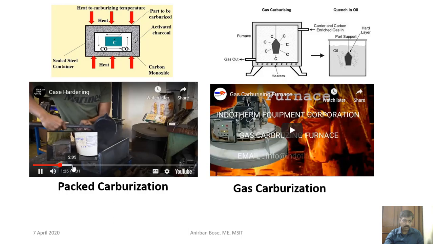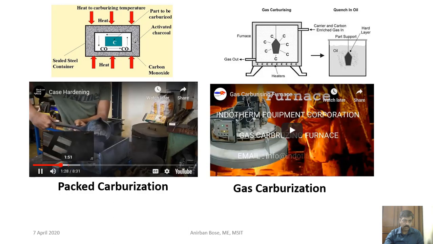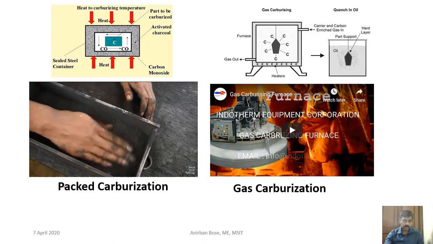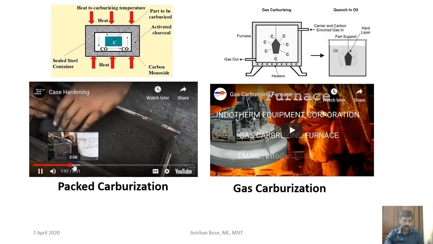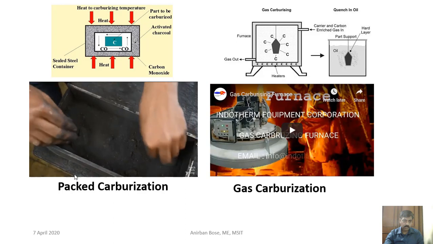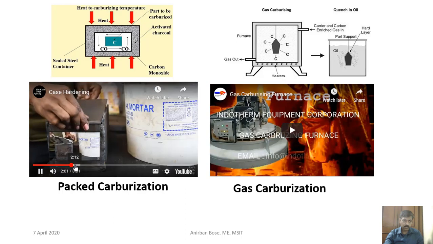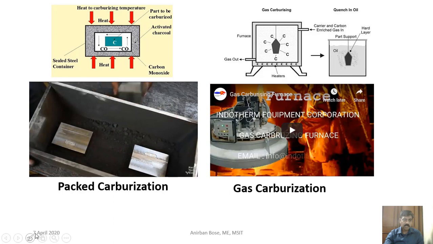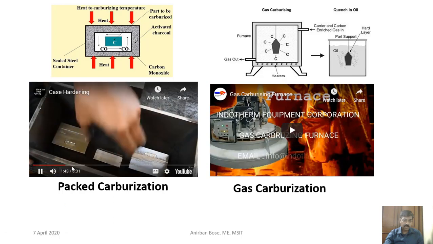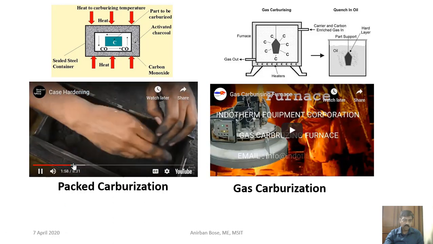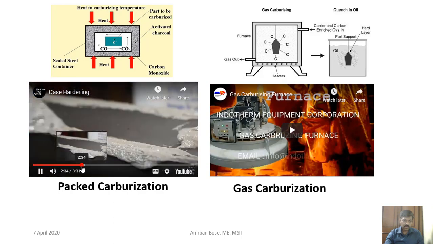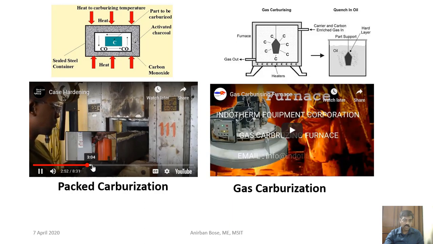Yes, we really are using broken up charcoal briquettes, because it actually works. Put the lid on top of the box and fill any gap, and add steel scraps so we can test the hardness later. This is pack carburizing. Then it is packed within the box and put into the furnace.